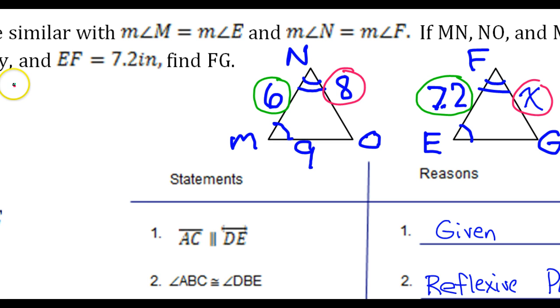I can say, for example, 8 over X is equal to 6 over 7.2. Left, right, left, right. So then it's just a matter of solving this proportion.